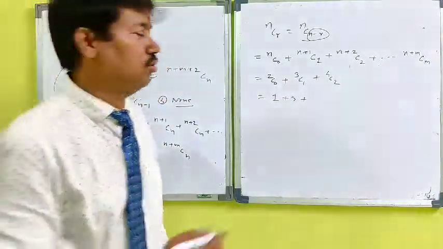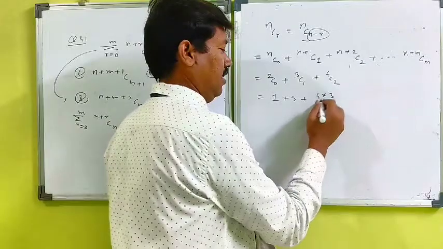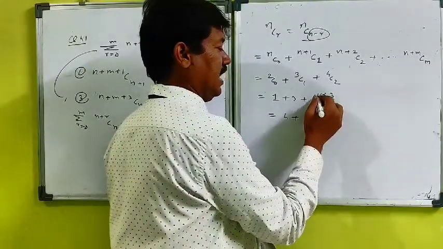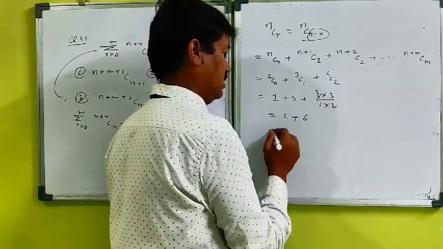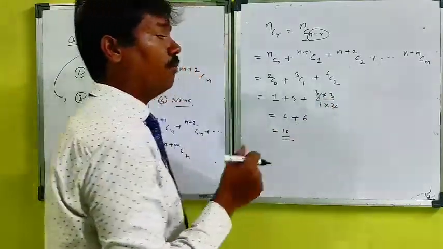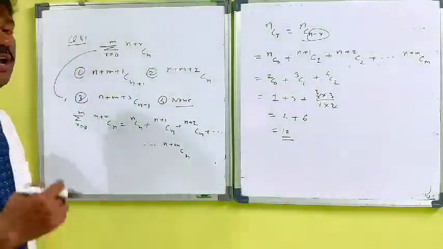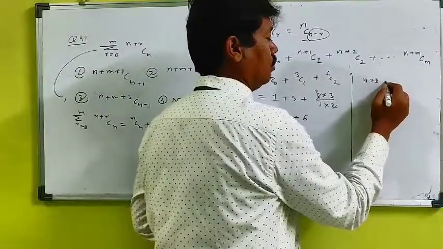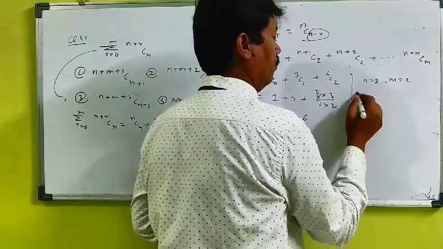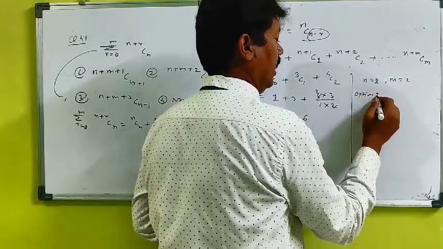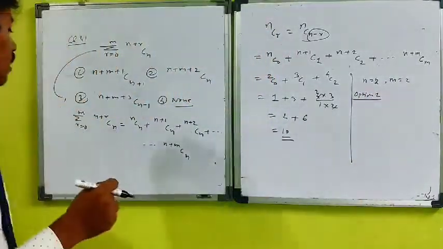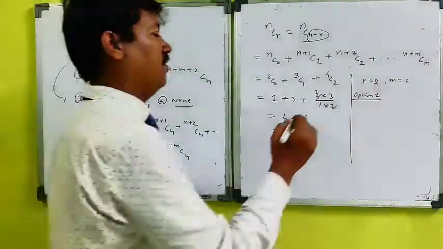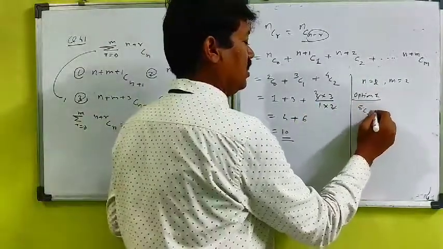What will 4C2 be, children? 4 into 3 divided by 1 into 2. This is cancelled here. 2 into 3 is 6. So the answer is 10. Now put 2 everywhere in the options, put the value of n as 2. So what will option 1 be? 2 plus 2 plus 1, that is 5. 5C3.